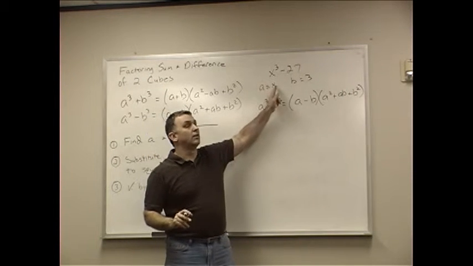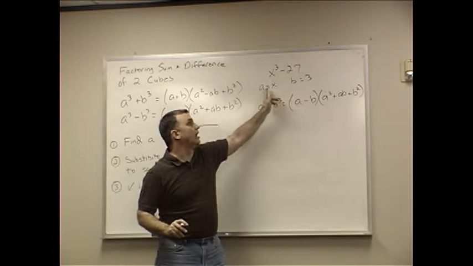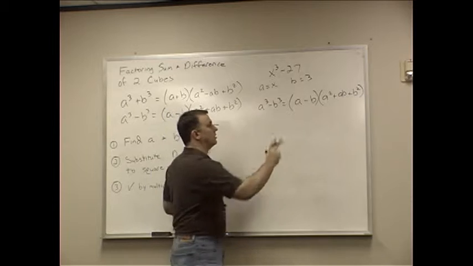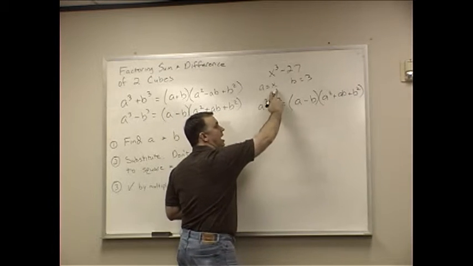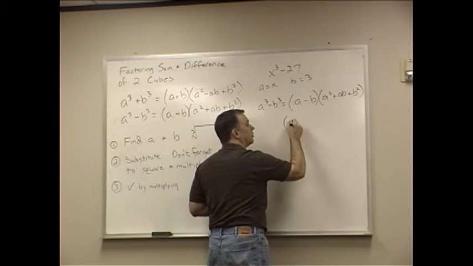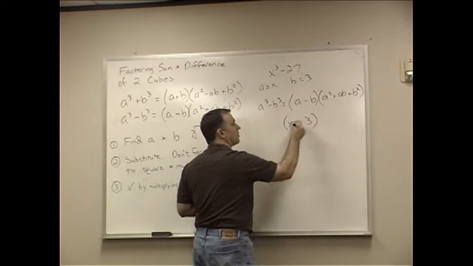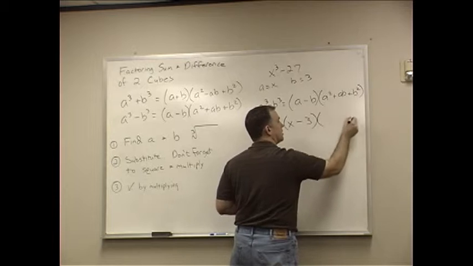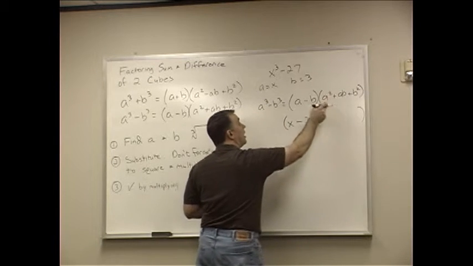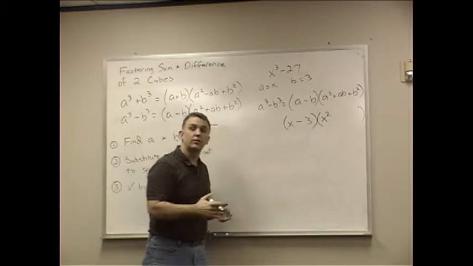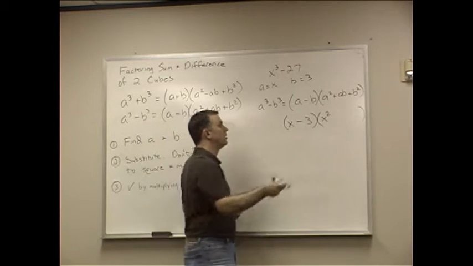I know what a is now. A is x. I know what b is now. B is 3. I'm going to substitute it in. Everywhere there is an a, I'm going to put an x. So here's x minus. Everywhere there's a b, I'm going to put a 3. x minus 3. A squared. Well, I got x, so if you put in x, it'll become x squared.